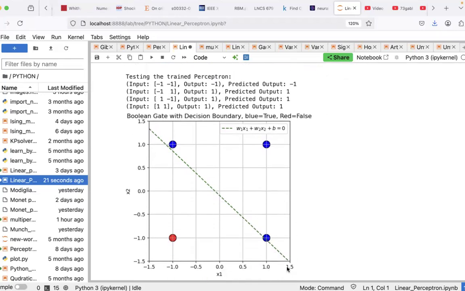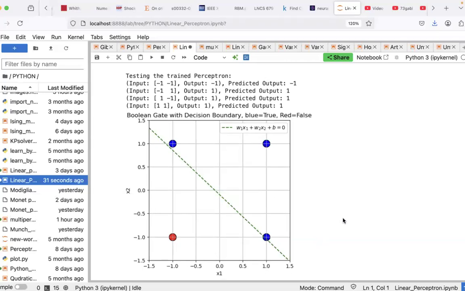And you see that this is a different line than the one we got before. Be careful that this line is not going through the point, okay? And that's it.